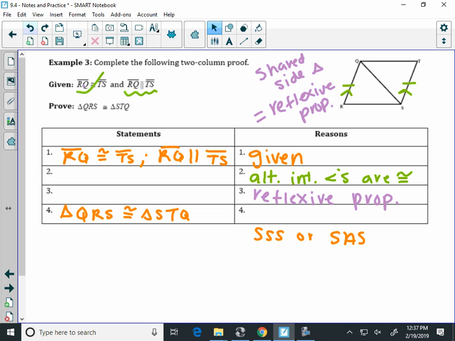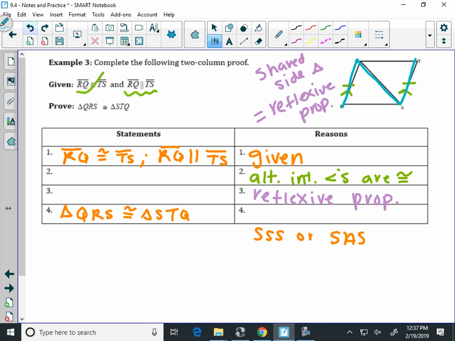But once you get your reasons filled in, go back and fill in your angles. To figure out what your alternate interior angles are, what I like to do is take my pencil and start with the line R. I'm saying RQ is parallel to TS. So I highlight RQ, I go down the side that's in the middle and go up.